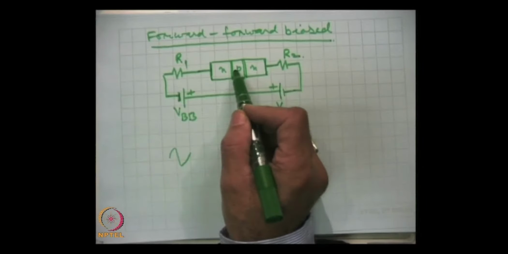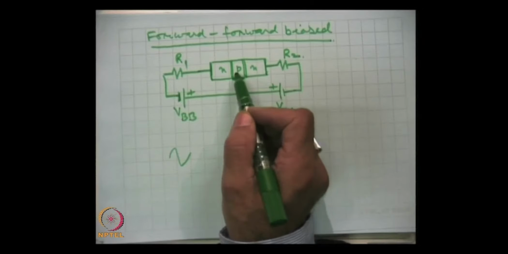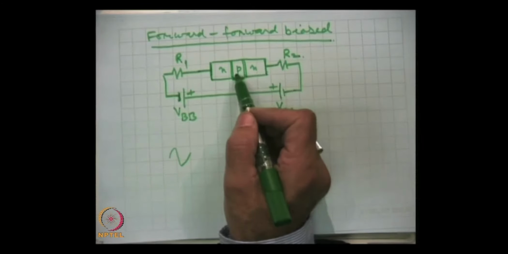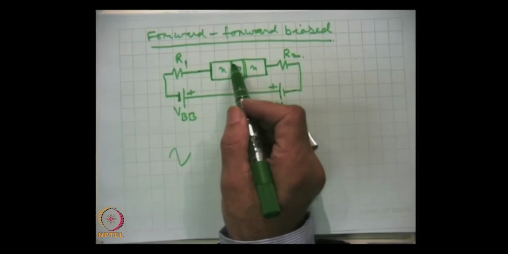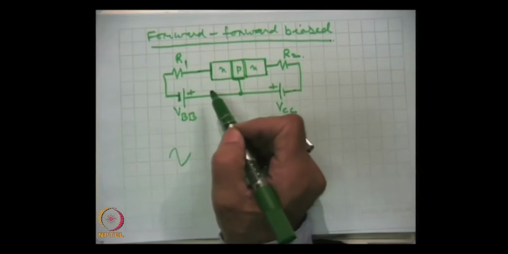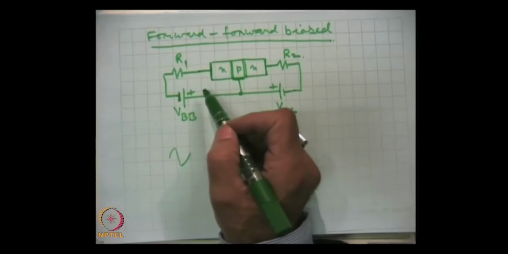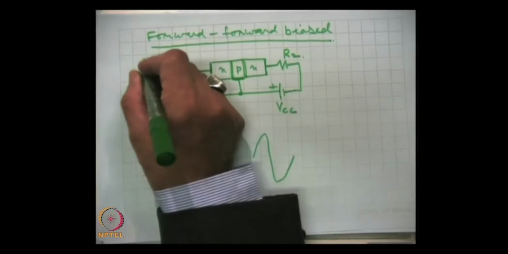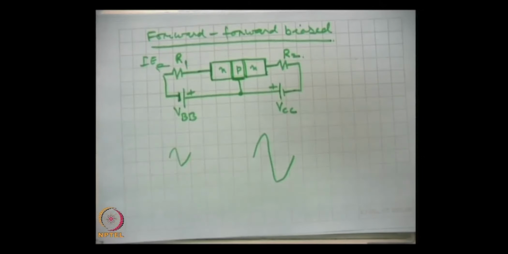So, this component will be much higher, and to that will be added a small component which will arise because of the diffusion of holes. So, this will constitute a heavy current. So, we will observe a heavy current IE.